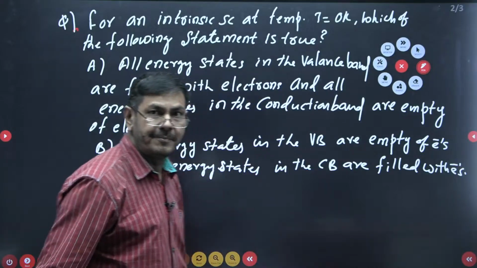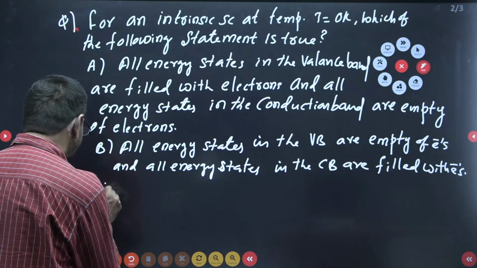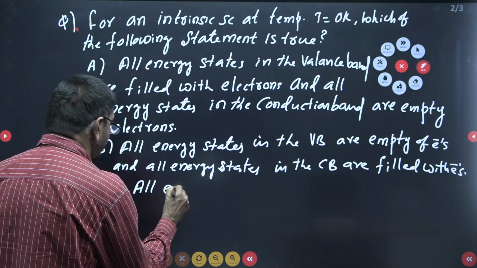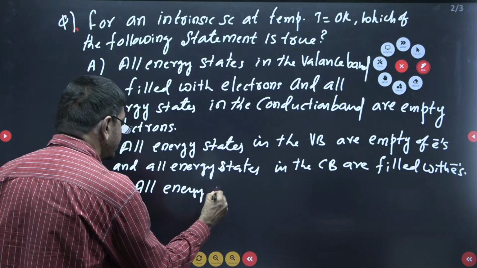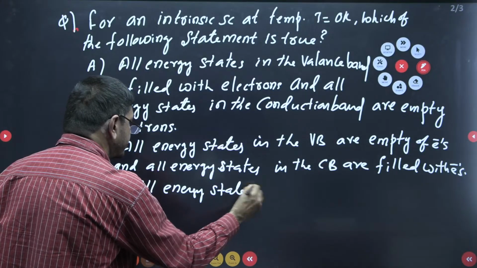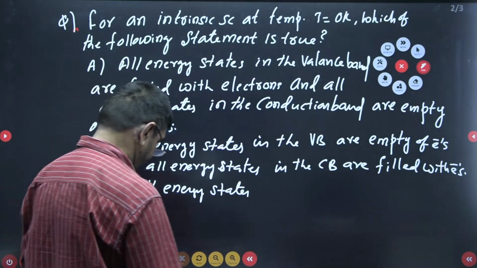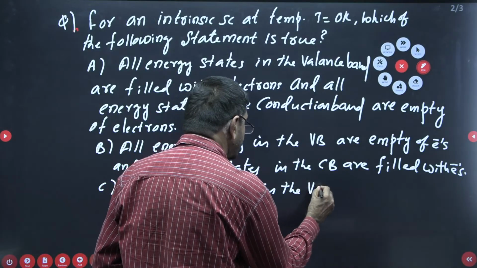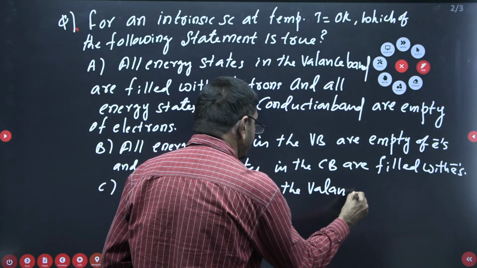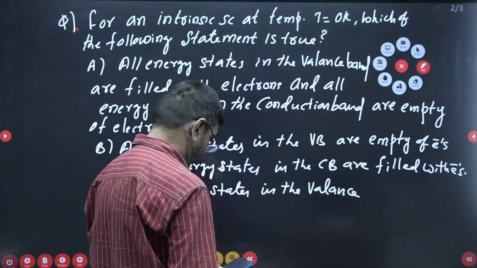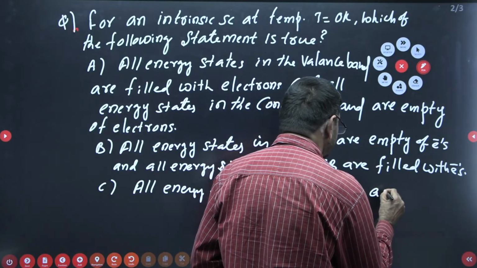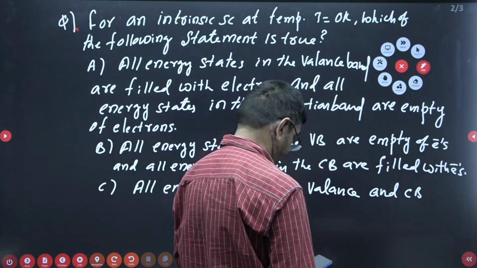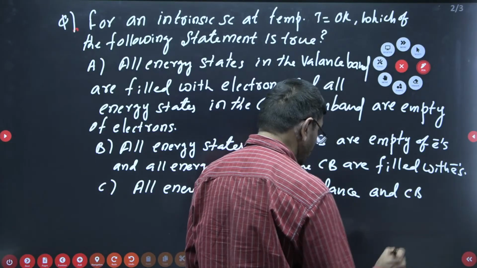Option C: all energy states in the valence and conduction bands are filled with holes.